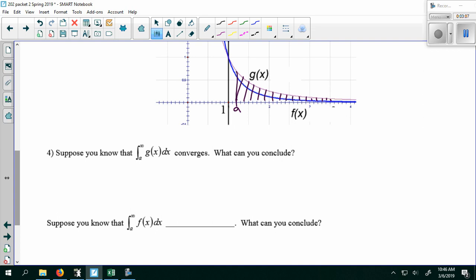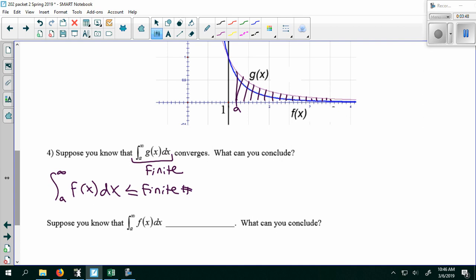Yeah. So if the integral from a to infinity of g of x dx converges, that means it's finite. It means it's just some number. And the integral from a to infinity of f of x dx is smaller than some finite number. Yes, in this case, it's strictly less than, but it's still true if we put the or equal to, because the or is not inclusive.